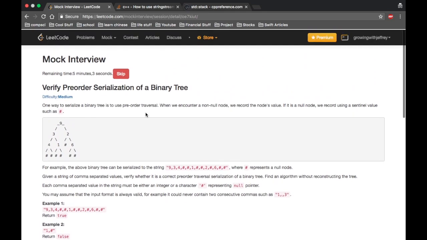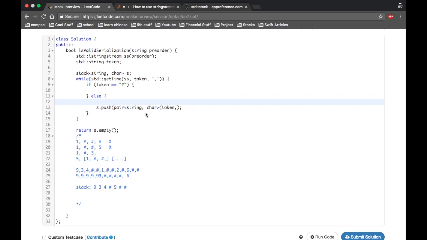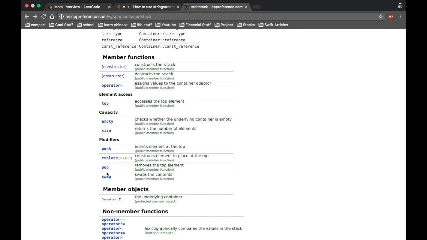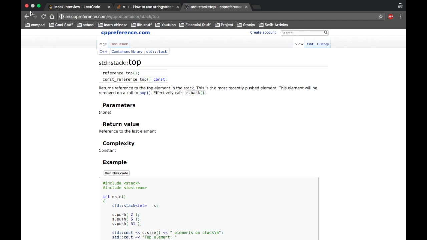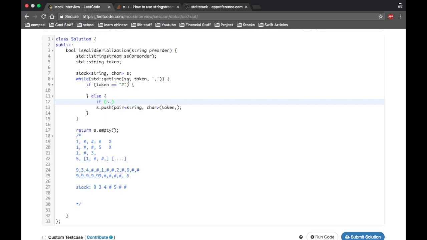How much time do I have left? 5 minutes. Alright, time to sprint. So if the s.top is equal to the hash sign, then I'm going to push, saying that it's a right.